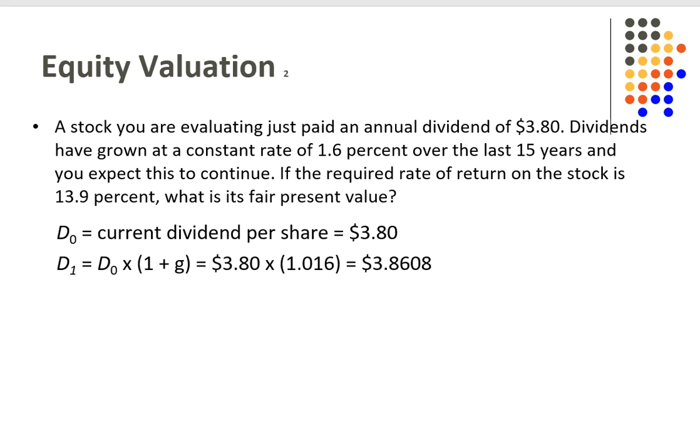And our dividend at time 1 is simply going to be that $3.80 multiplied by 1.016, that's our 1.6% growth rate. Then we can solve for our estimated current stock price by taking that $3.86 dividend divided by R minus G, and we get an estimated stock value of $31.39.